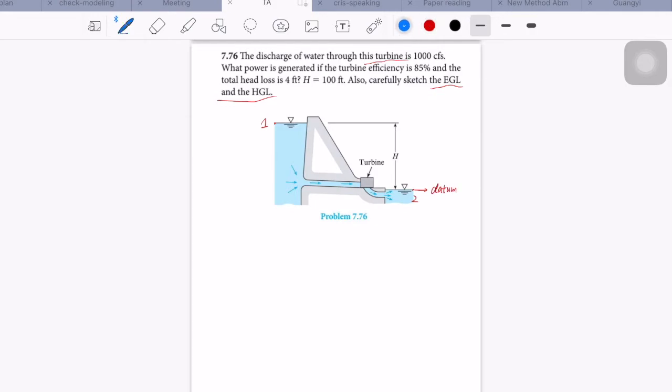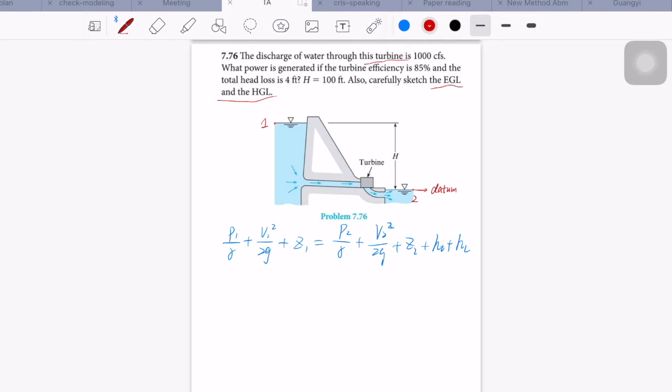And then we apply the energy equation. So we have P1 over gamma plus V1 squared over 2g plus Z1 should be equal to P2 over gamma plus V2 squared over 2g plus Z2 plus the turbine head plus the head loss.